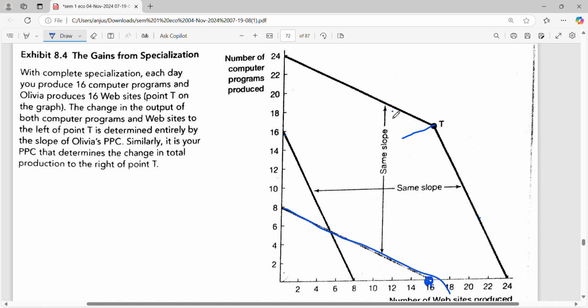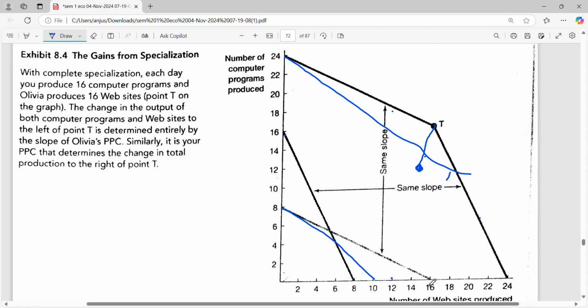This has the same slope. So if Olivia's PPC is pivoting like this, let me draw it again. Olivia's PPC is shifting to here, then the point will also be in that slope, somewhere like this. So it will be moving to this point. This is not how it actually gets parallel.